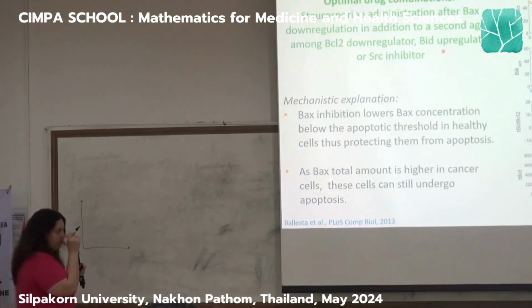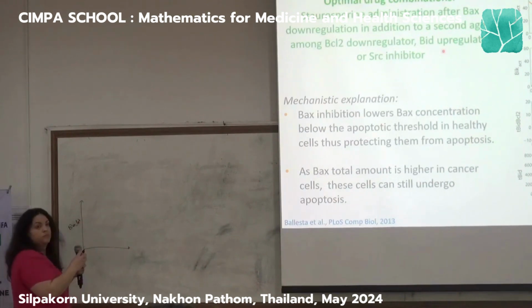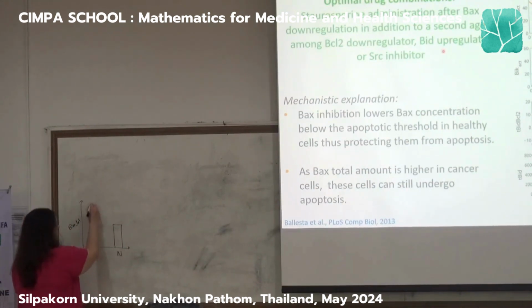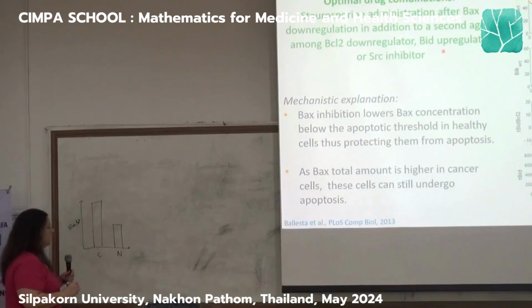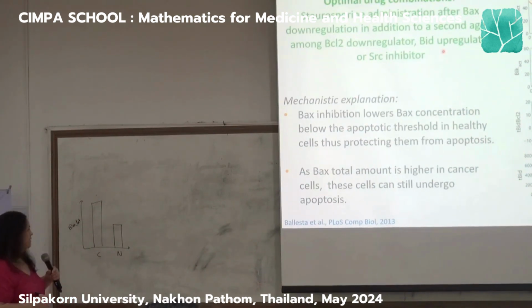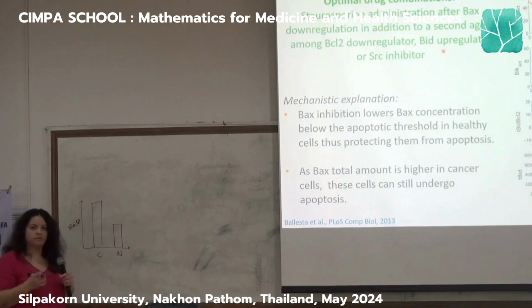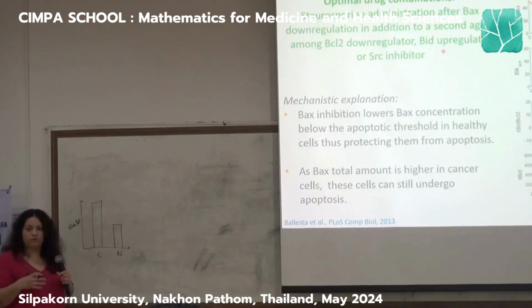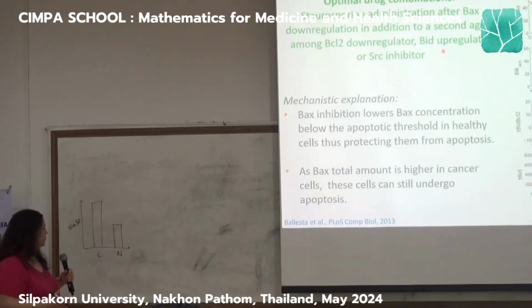At the initial time, BAX total is about this in the normal cells, and about that in the cancer cells. And here we are assuming that the normal and cancer cells see the same drug, the same amount of drug, because this is a typical physiological situation, right? When you take a drug, the drug will go either to the healthy or to the cancer cells in the same way.